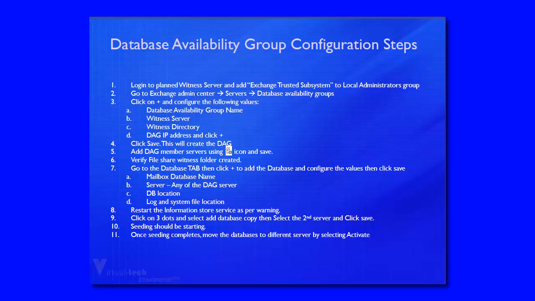Once seeding completes, move the database to a different server by selecting Activate on the right side. It's the simplest we can do, and it should move without any issue. This is moving. The last step is just to test if the other server is getting activated with the same database, and you can still access the mailbox.